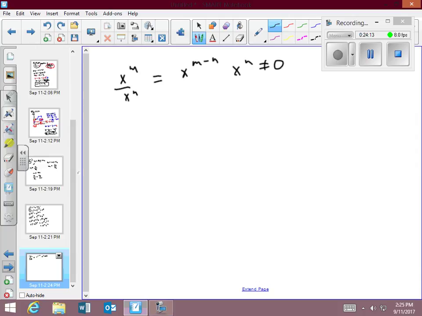So if x is 5, we put 5 squared over 5 to the 3rd power. What this is saying is that you can take 5 to the 2 minus 3 and get 5 to the negative 1 power. That particular thing is the same as 1/5. And you can see, if you got 5 squared over 5 to the 3rd, that's 1/5, right?